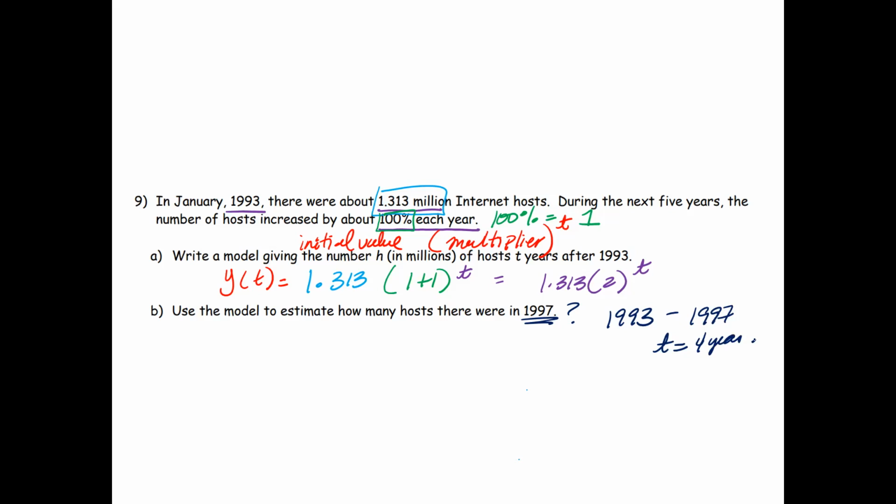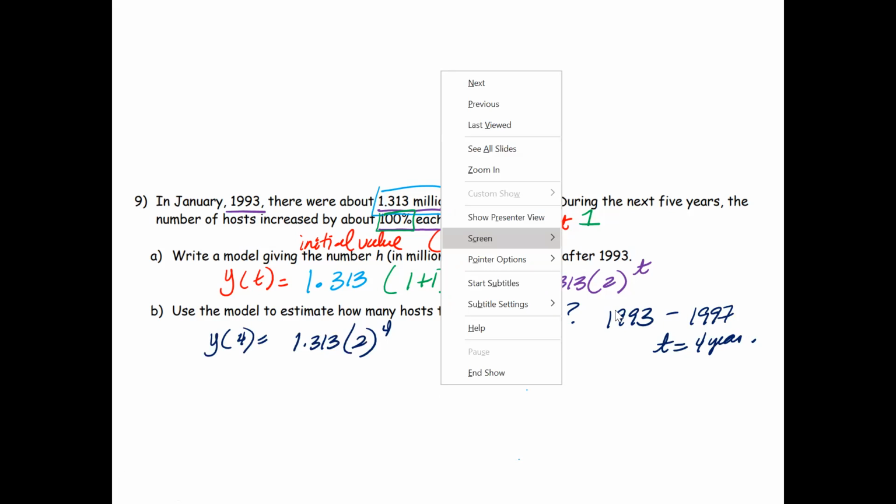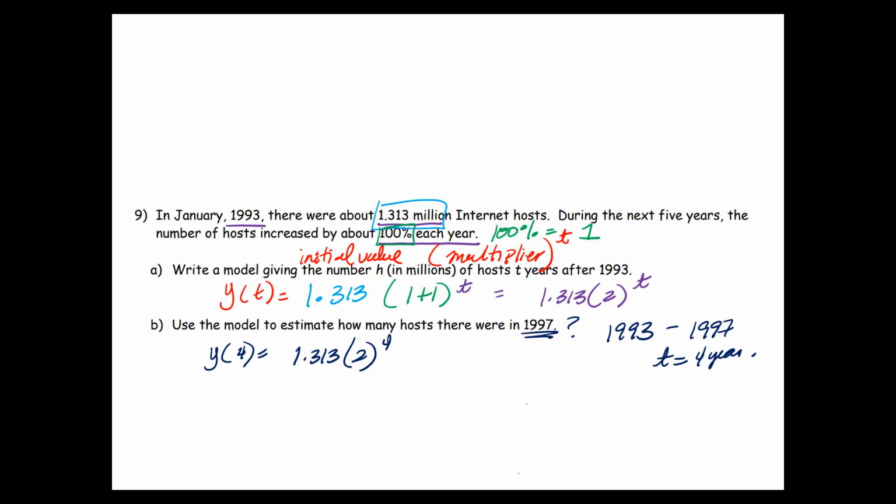So y of 4 is equal to 1.313 times 2 to the 4th power. So grab your calculator. Let's see if this is going to break our calculator. I have a feeling that this is not going to go well. So I'm going to put 2 to the 4th power.